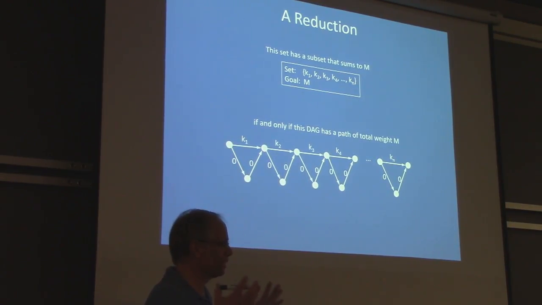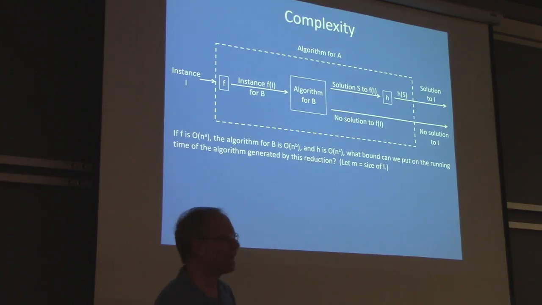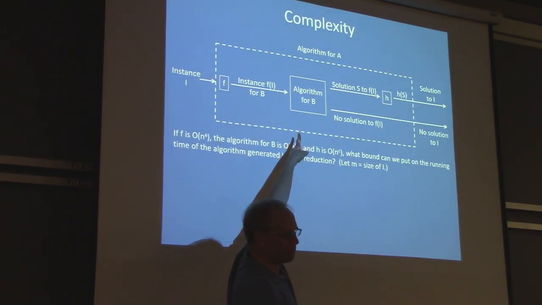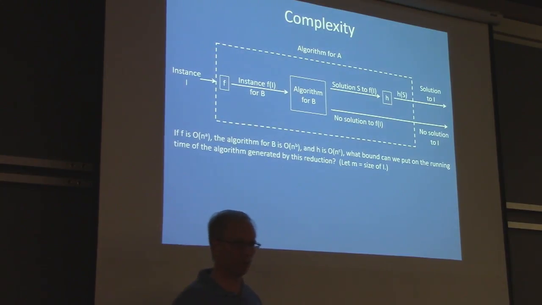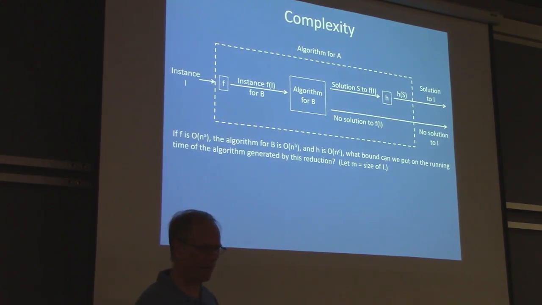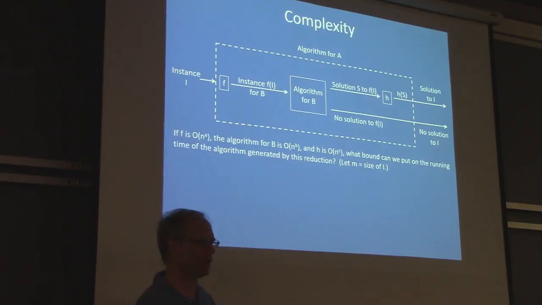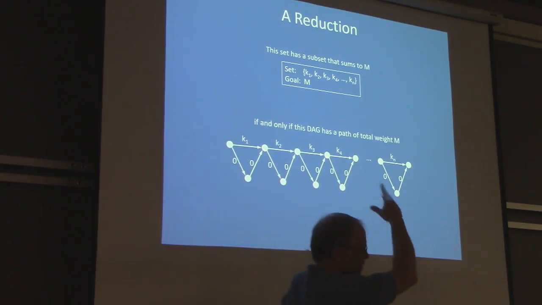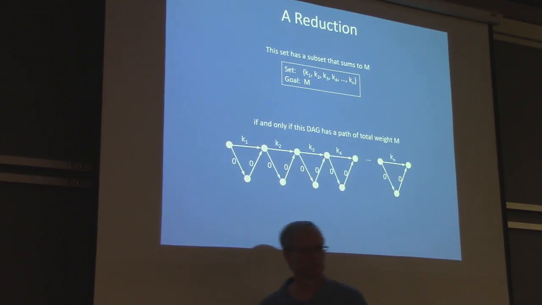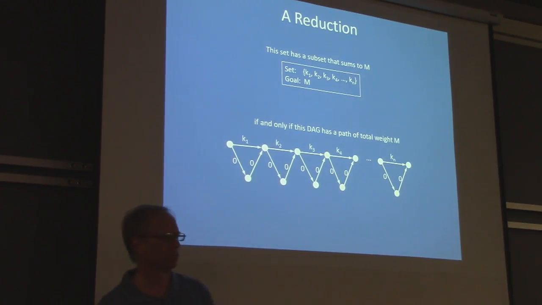Well, the requirement is that, assuming there is a way to solve B in polynomial time, the entire process will be polynomial time. For that to be the case, we've got to have a fast F and a fast H. Now, what about the H for this problem? That takes the path and turns it back into a set. You just include it and drop all zeros. Yeah, that's just linear time as well. You just go through and take out the zeros.